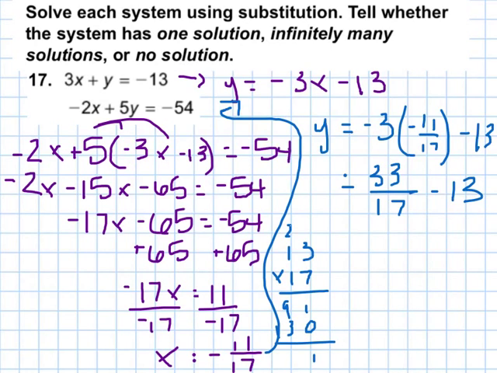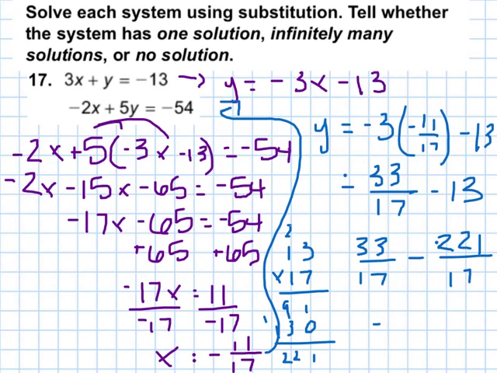So we get 221. So 33 over 17 minus 221 over 17. 33 minus 221.